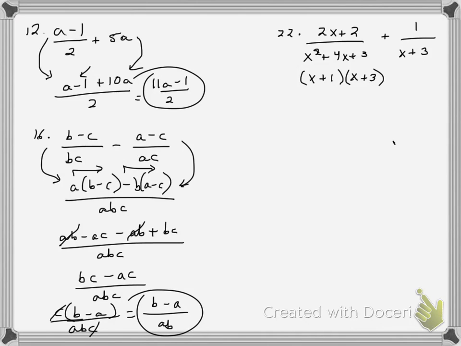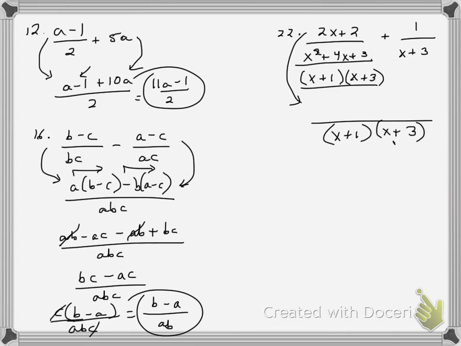All right, so converting now to a common denominator of x plus 1 times x plus 3. I do not need to change the first term, because that is what I have here. I could have 2x plus 2.